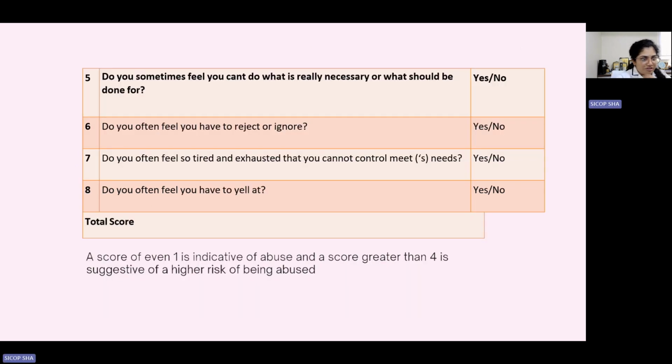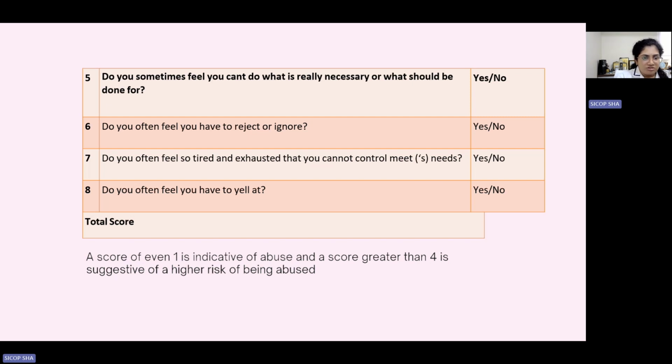Do you sometimes feel you cannot do what is really necessary or what should be done? Do you often feel you have to reject or ignore? Do you often feel so tired or exhausted that you cannot meet the patient's needs? Or do you often feel you have to yell at the person?